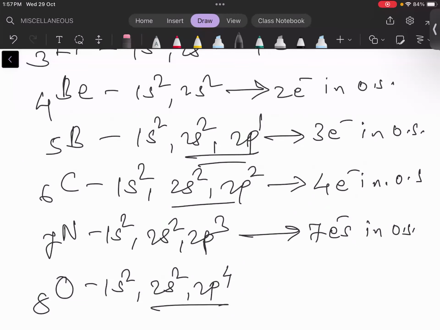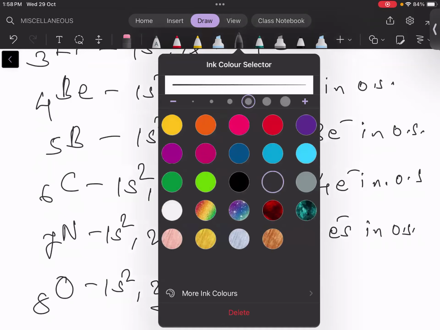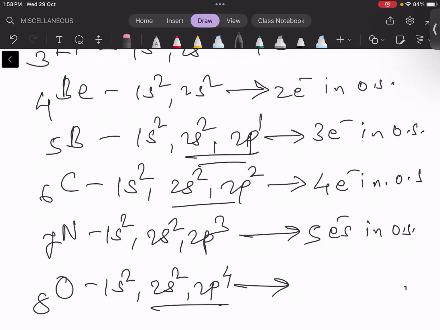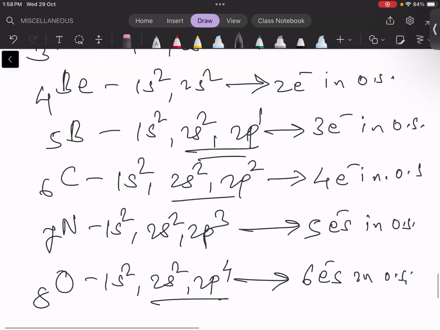So outermost shell is second shell. In this case, 6 electrons in outermost shell. How is it 2 plus 4? 6. Likewise, 2 plus 3, 5, 2 plus 2, 4 electrons.